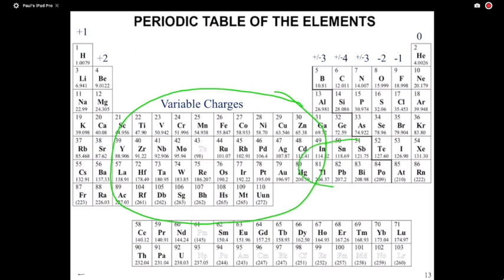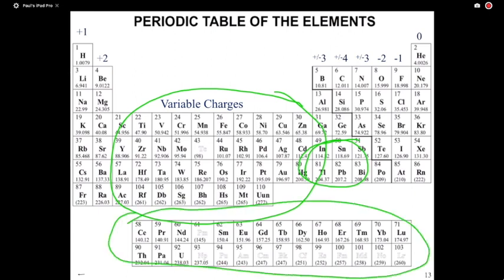Also, down in this area, they tend not to behave very nicely, and down way over here, they don't behave nicely. And so they can have multiple charges. So predicting them becomes difficult. What I'm going to have to do is give you a little bit more information when I get to that stage, or I give you an element in those areas. I'll give you a few exceptions in which you can actually predict. There are 2.